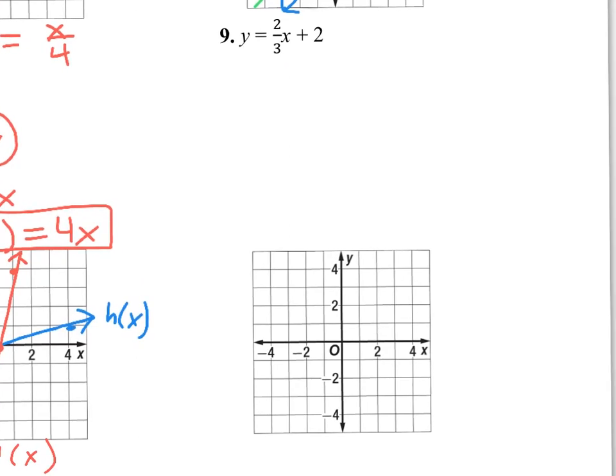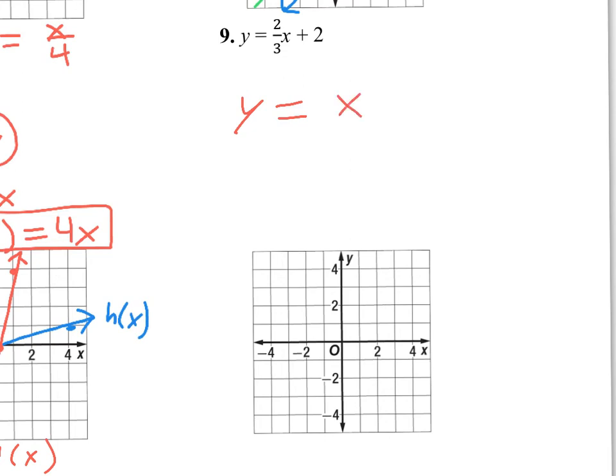Okay, for the last one, let's try the shortcut. So what is happening to x? It's being multiplied by 2/3, and then it's being increased by 2. So if you're doing the shortcut, you're going to do the inverse of both of those. So what happened? It got multiplied by 2/3, and then it got increased by 2.